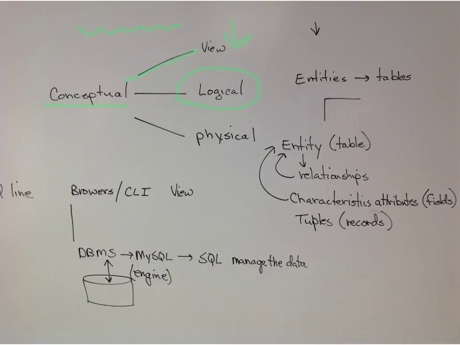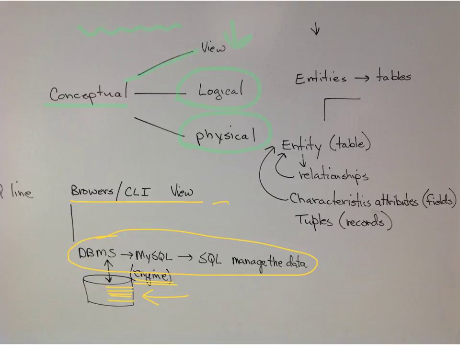We draw out how the data is going to look, and then we draw out the specifics about the data in the table. There's definitely some difference here. We use a database management system, and I refer to it as an engine, to actually write and retrieve data on the hard drive.